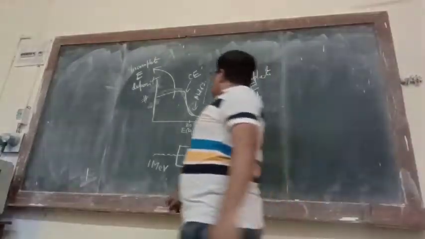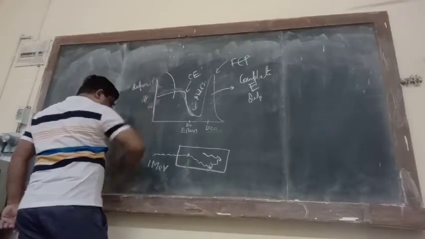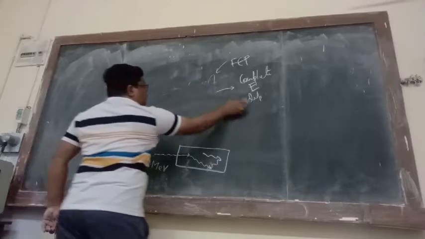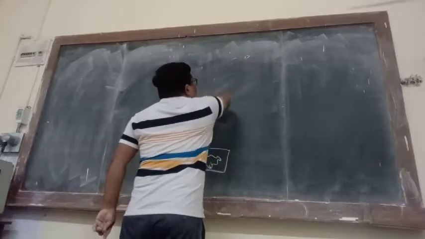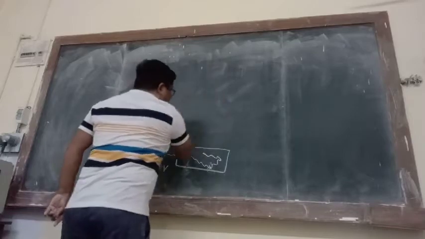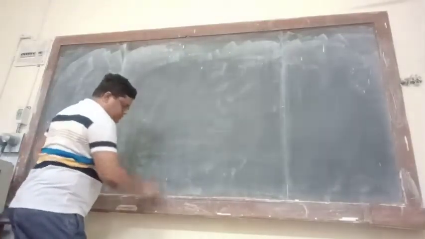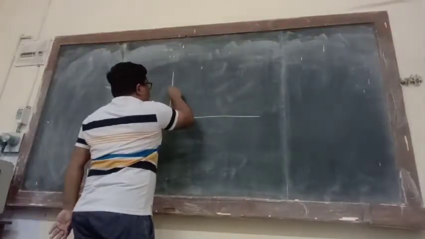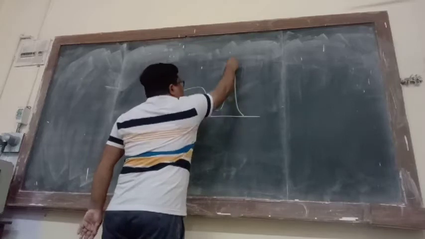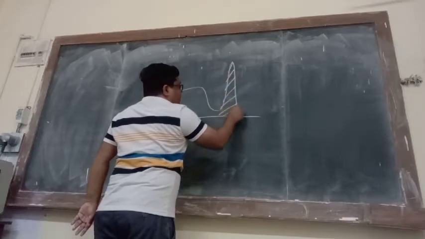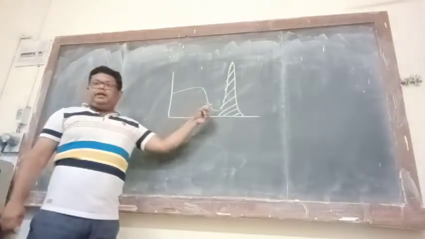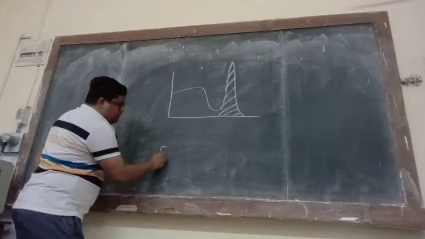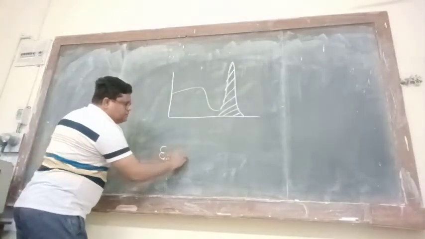Now, so fine, this is okay, no problem till now. Now what I am going to do is characterize the detector based on this information. So how am I going to characterize? You see, basically this is what I am getting, and this is the actual region of interest or full energy peak. So you remember the absolute efficiency, say the intrinsic efficiency definition.